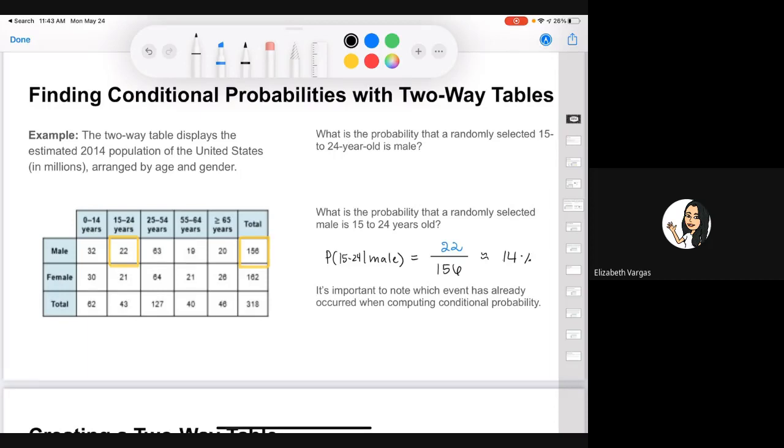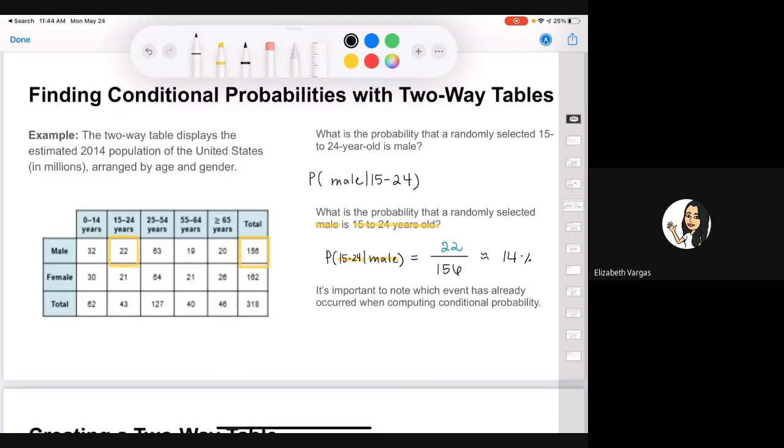So it says, what is the probability that a person selected is male given that they're 15 to 24-year-old? Oh, no. Sorry, I'm confusing myself. What is the probability that a randomly selected male, so I've already selected a male, is 15 to 24 years old? This one says, what is the probability that a 15 to 24-year-old is a male?